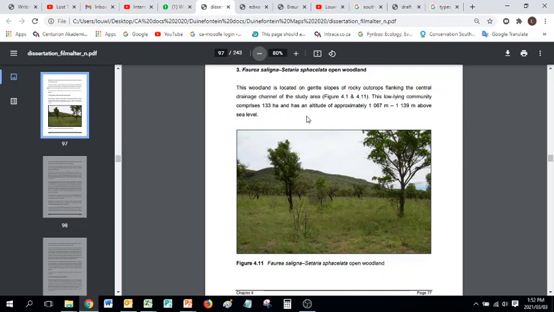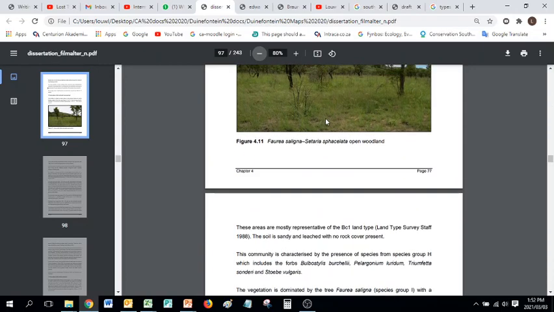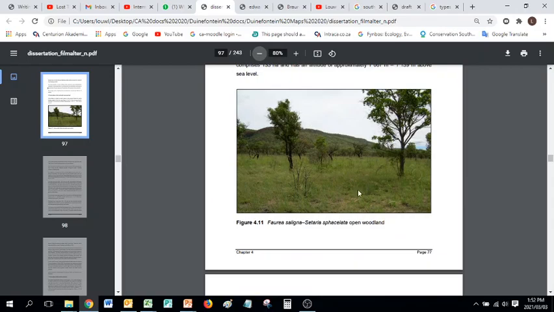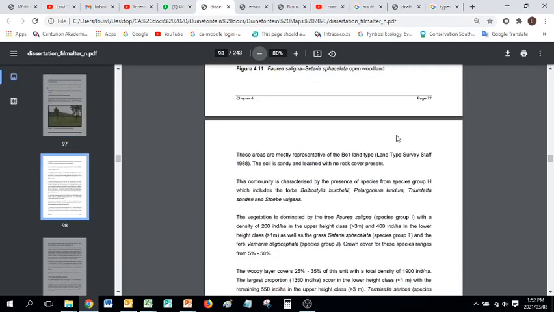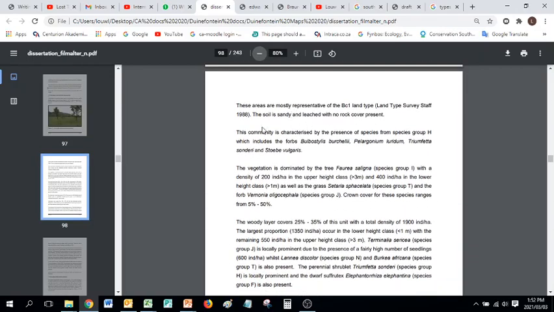So let's just quickly look at the general discussion. This woodland is located on gentle slopes of rocky outcrops flanking the central drainage channel of the study area. This low-lying community comprises 133 hectares and has an altitude of approximately blah blah above sea level. You've got a nice picture that is representative of that study site, or that community. And then these areas are mostly representative of the various land types.